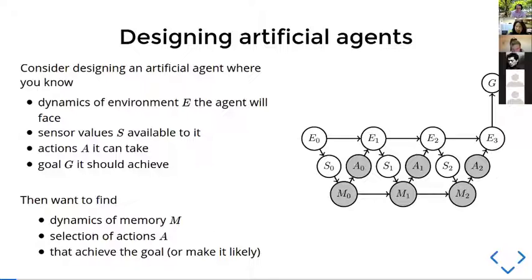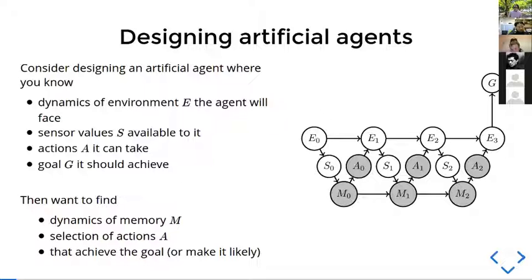This setting is very general; you can represent many machine learning problems like this, though you sometimes have to change the graph a little bit.